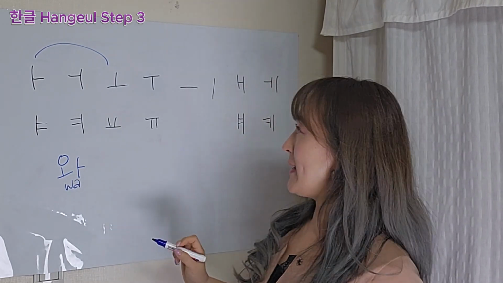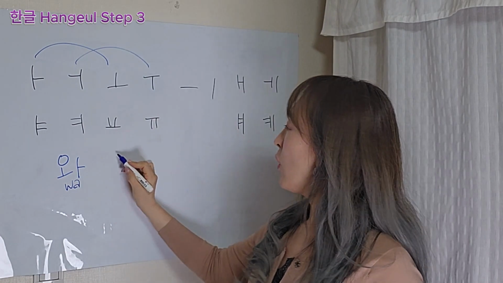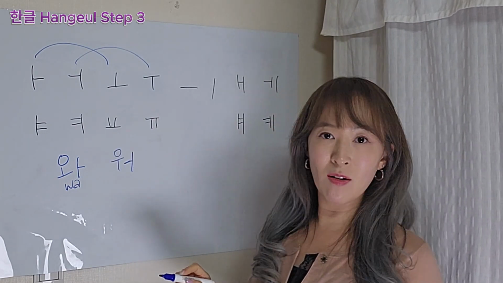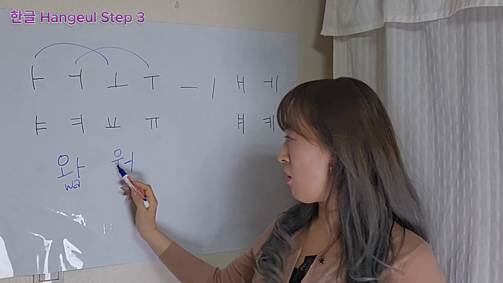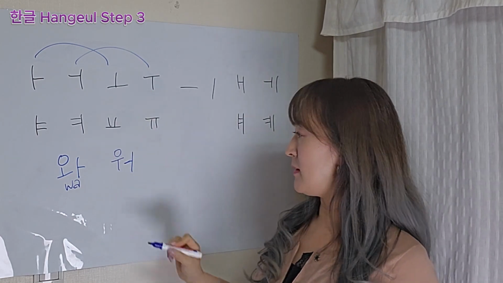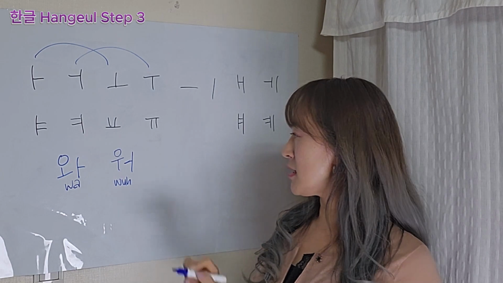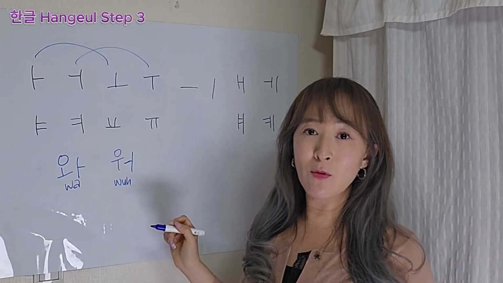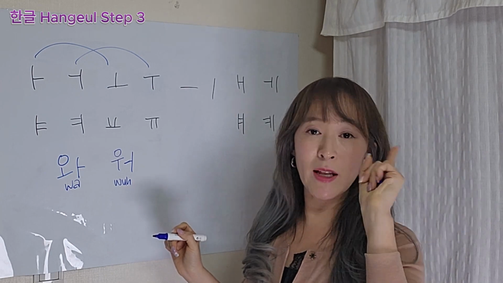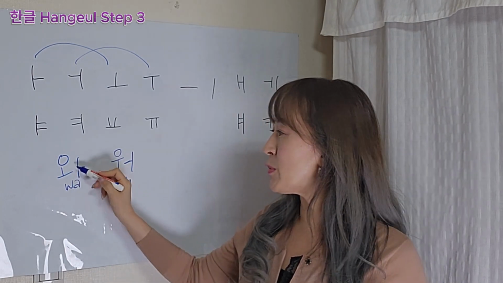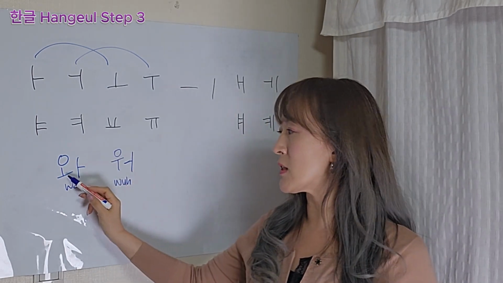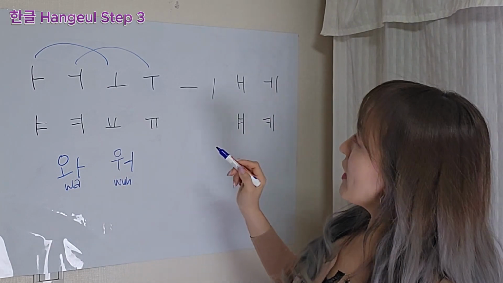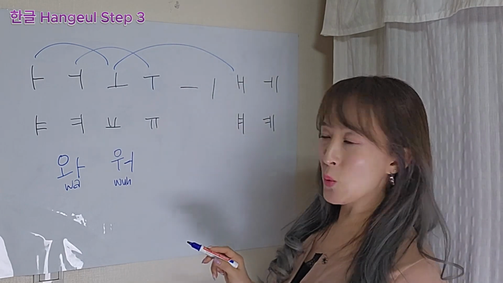And now here, wo, right? Maybe like this sound. And if you notice here, whenever you have a horizontal vowel and vertical vowel, we always put the horizontal vowel first. So it's always horizontal, vertical, right? Okay. And the next one we have is this way here.